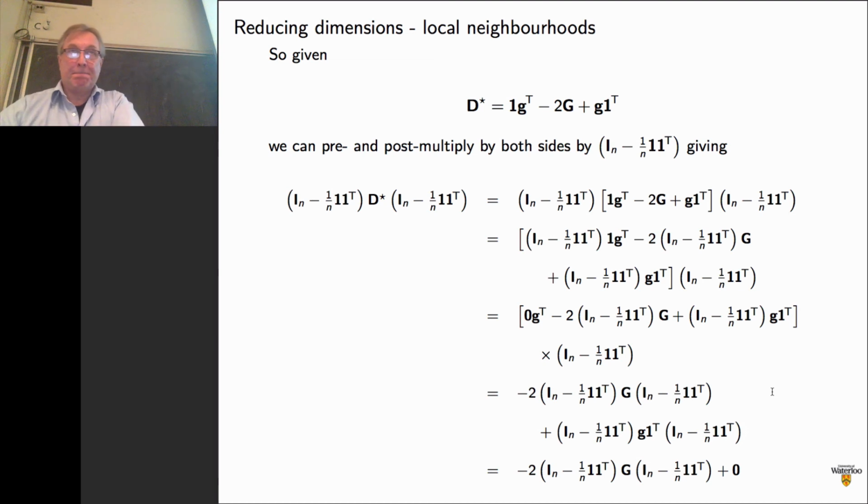Any questions? Everybody see that? Just need to recognize that I minus 1 over n 1 1 transpose is projecting onto the space orthogonal to the 1 vector. Or just do the arithmetic. Just take the 1 across there and you'll see it'll all disappear.